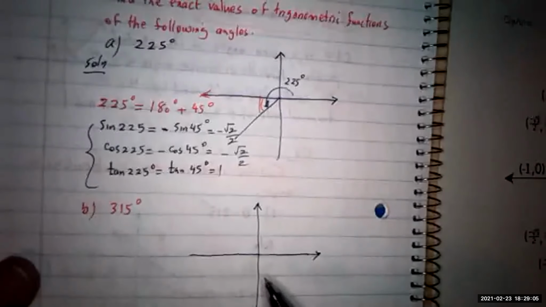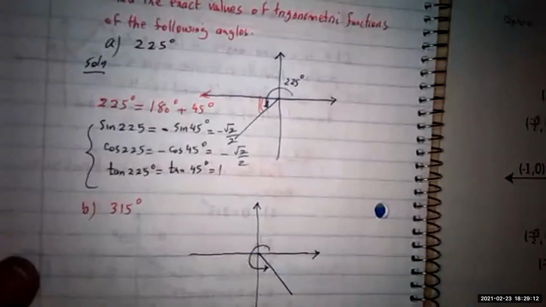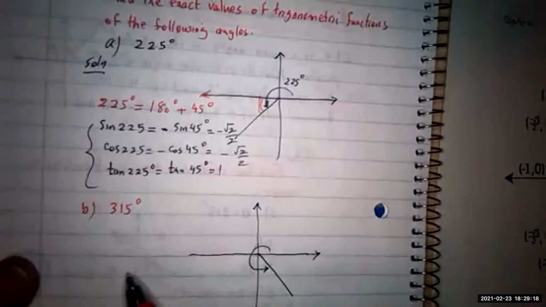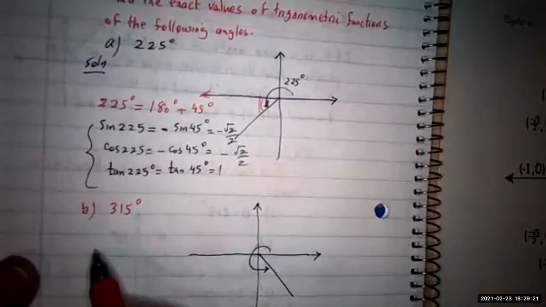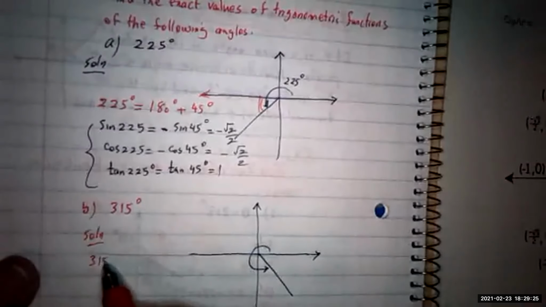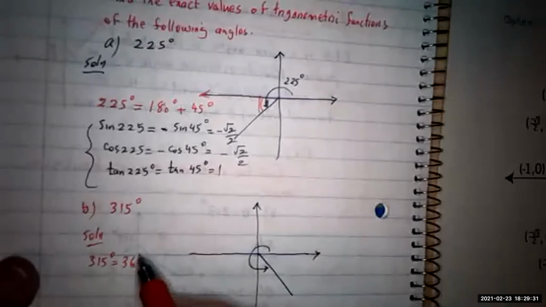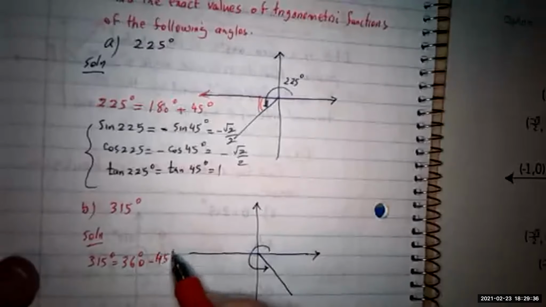So that takes us here. The terminal side is the same angle because it's the 45 and the 45. So you can claim that your solution is that 315 degrees is going to be 2 pi, 360 degrees, minus 45 degrees.